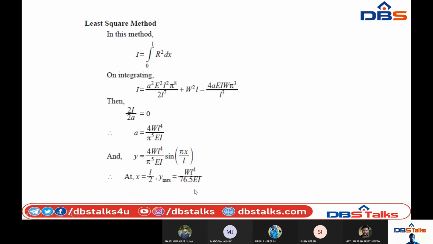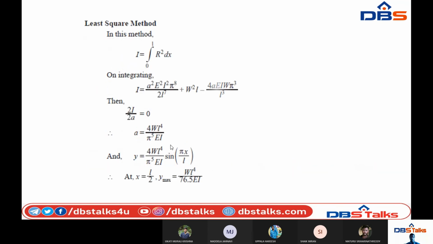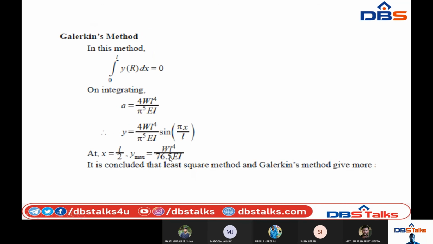Here we get the value of WL power 4 by 76.5 EI, and in Galerkin's method also we get the same value which we get in the least squares method, WL power 4 by 76.5 EI.